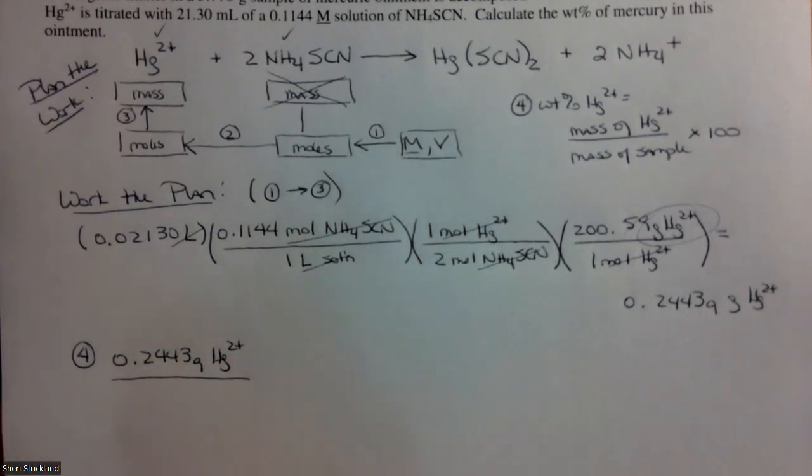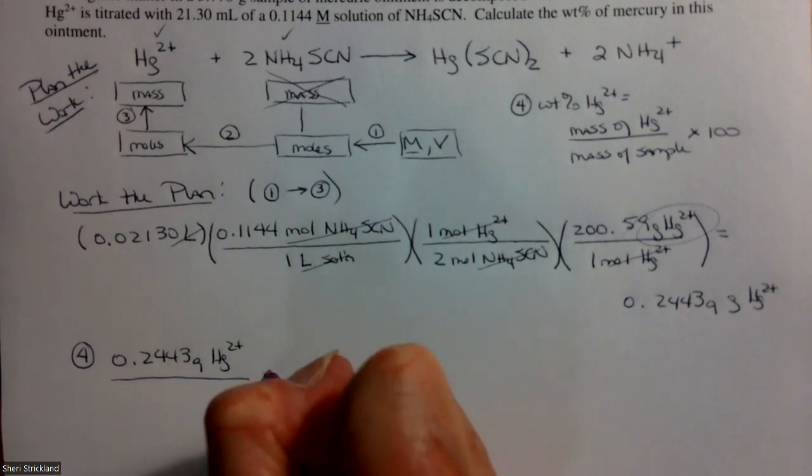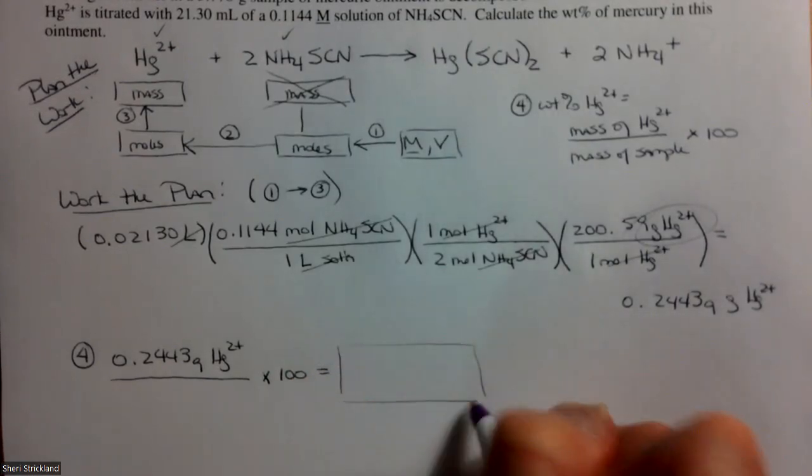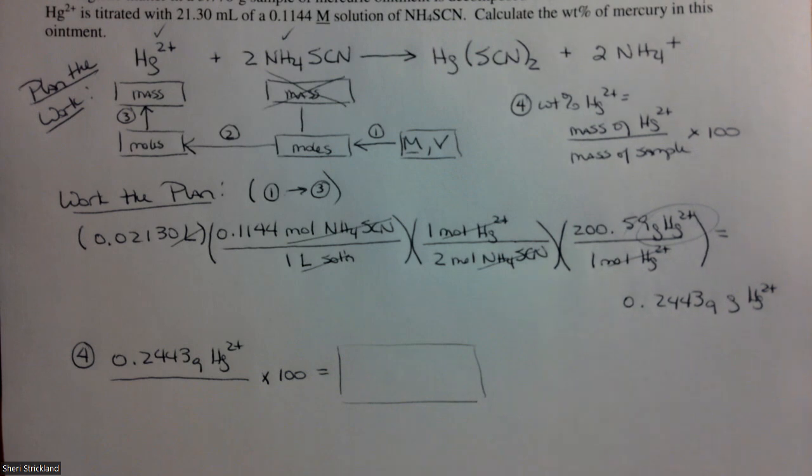So what was the mass of the original sample? Okay, I want you to go get it, put it in here, divide by 100, find out what the weight percent is, and write me a statement. All right, so pause the video and do that, and then come on back.